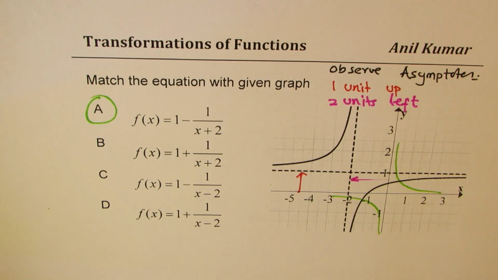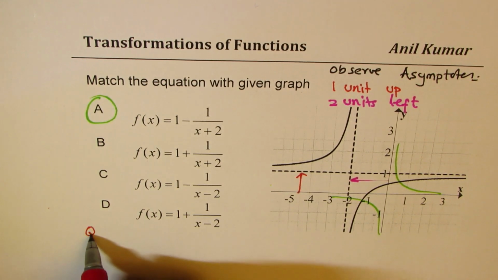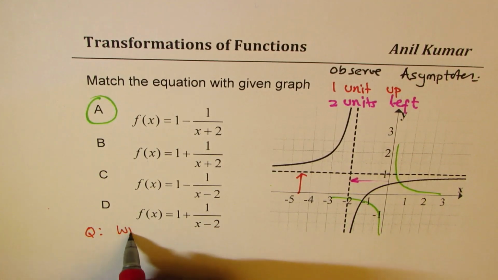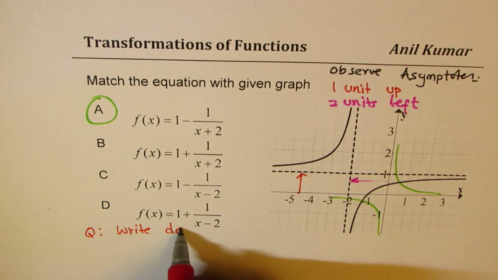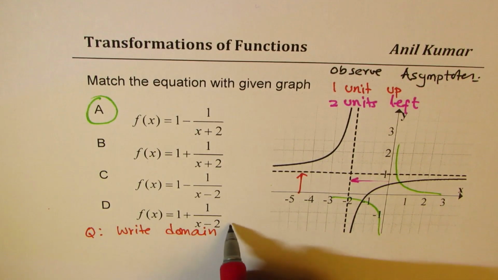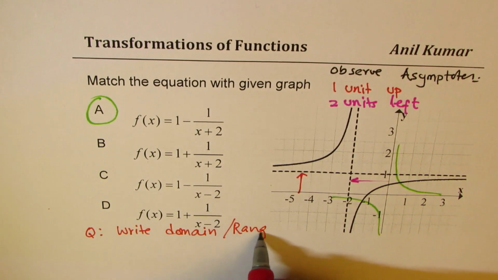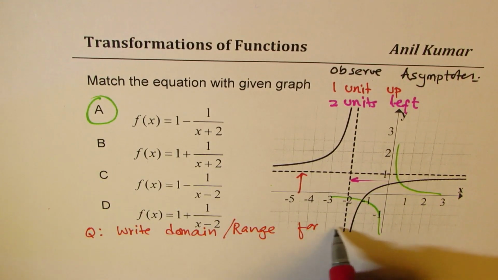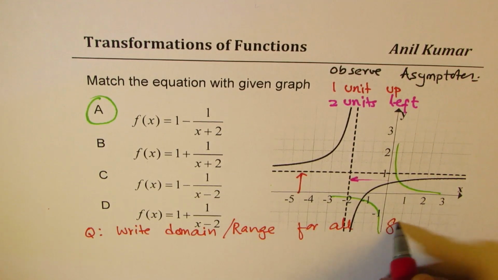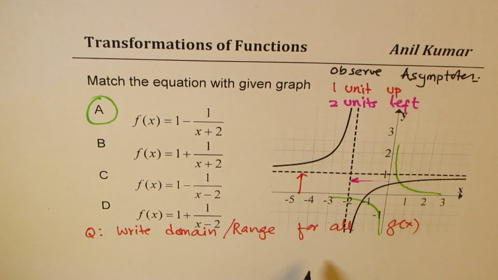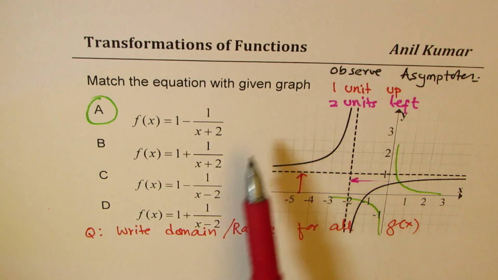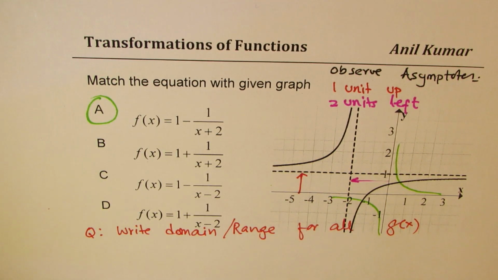Now here is a question for you. Your question is write domain and range for all g of x, transformed functions, right? So for this function, write domain and range. Get back to our previous one, which is right here for you.